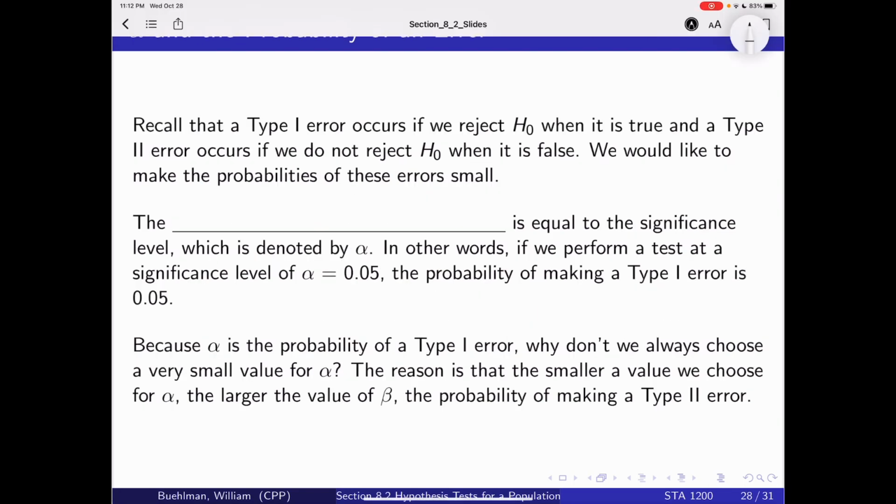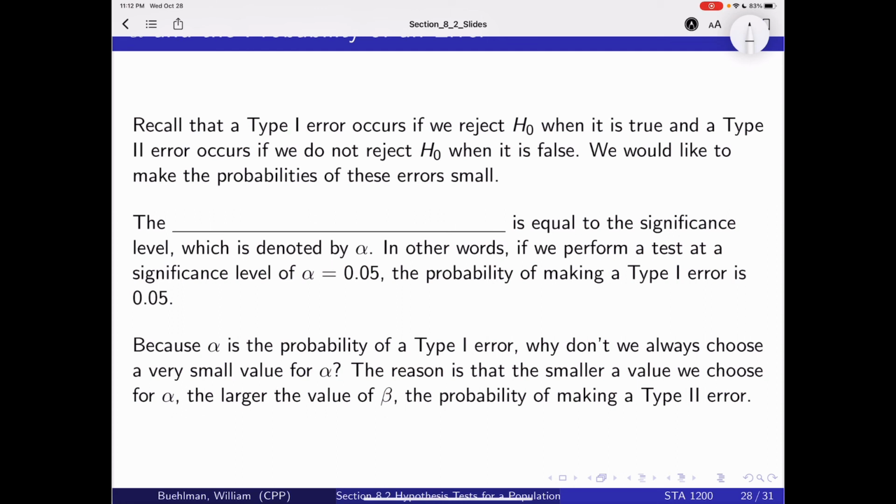Recall that a type 1 error occurs if we reject the null hypothesis when it is true, and a type 2 error occurs if we do not reject the null hypothesis when it is false. We would like to make the probabilities of these errors small.